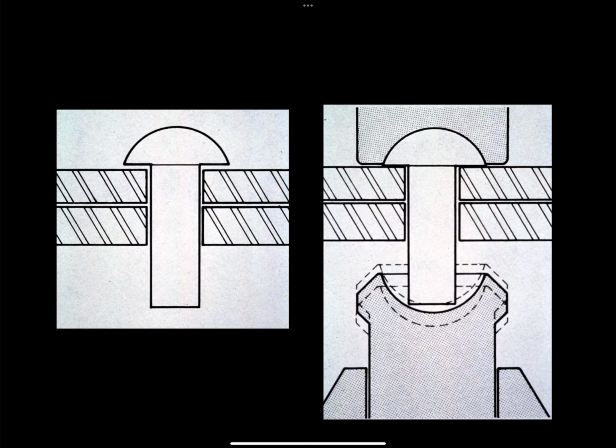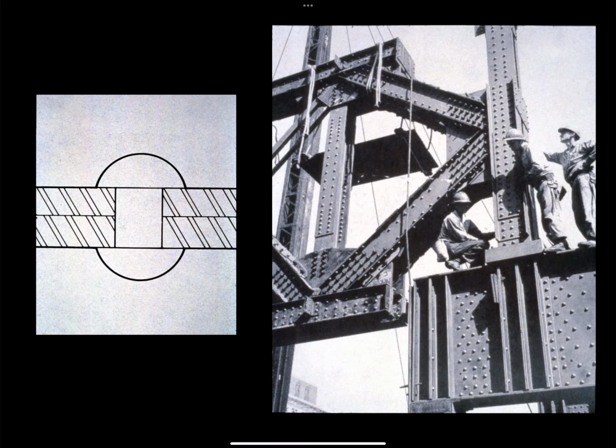in pre-drilled holes, and with a pneumatic hammer on site, the other end is hammered into a domed head. And then the steel rivet cools, and it shrinks, and it makes a very, very tight joint. So you can see here why this is such a labor-intensive process.